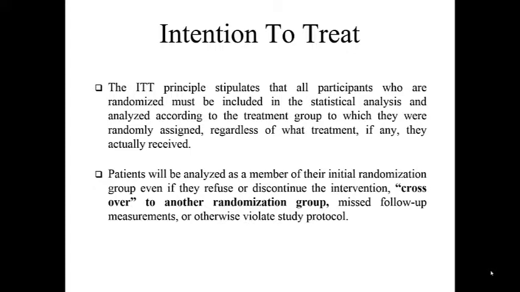Even if they refuse or discontinue the intervention, cross over to another randomization group, miss a follow-up measurement, or otherwise violate the study protocol, they will still be analyzed in the treatment group they were initially assigned to. The advantage of this intention-to-treat analysis is that it tends to decrease the bias in the comparison of the two groups, and that's why they use it.